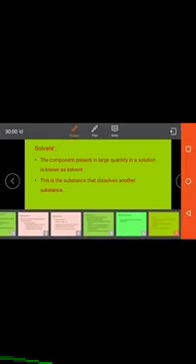The component present in large quantity in a solution is known as solvent. This is a substance that dissolves another substance.